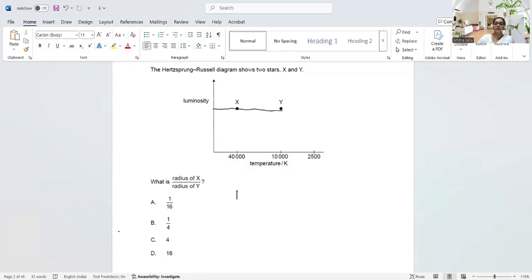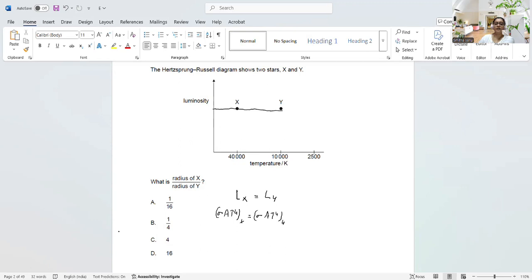So we can start with L of X is equal to L of Y. If you look at the data booklet, you will find the equation that luminosity is nothing but sigma A T to the power 4 for X is equal to sigma A T to the power 4 for Y.